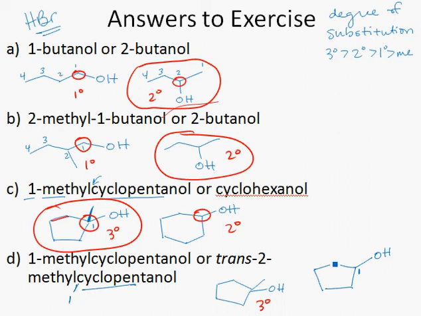And this time the methyl group is on carbon 2. It says they're trans, so that means that one of them is going to be facing you and the other one is going to be facing away from you. That's really inconsequential for this problem. All we care about is the carbonyl carbon and how many carbons it's attached to, which is 2. It's secondary, so our winner in this case is 1-methyl cyclopentanol.